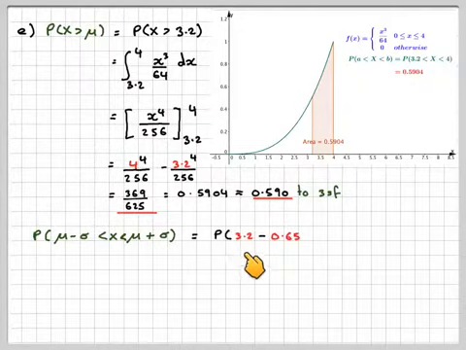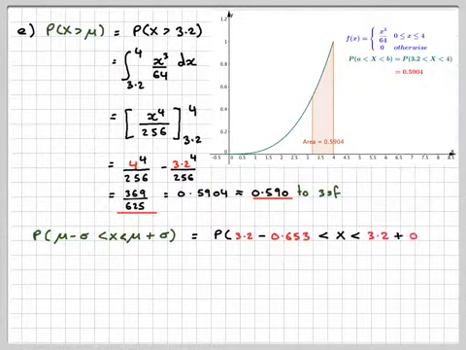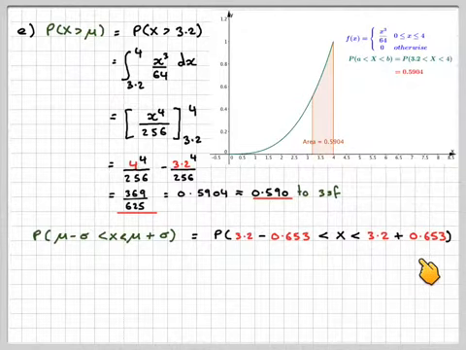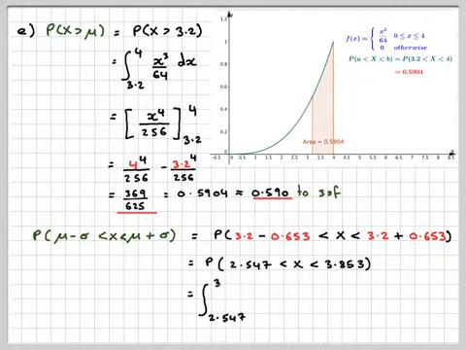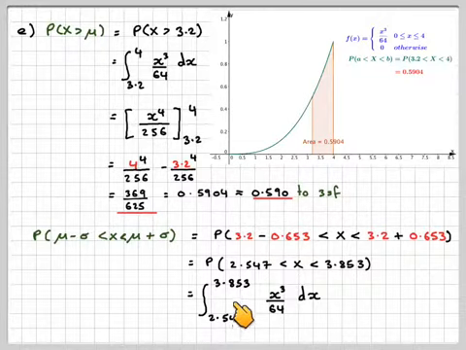That is the probability that x is greater than 3.2 minus 0.653 and x is less than 3.2 plus 0.653. So it gives me the probability between 2.547 and 3.853. So I need to integrate the function between those two values, 2.547 and 3.853.